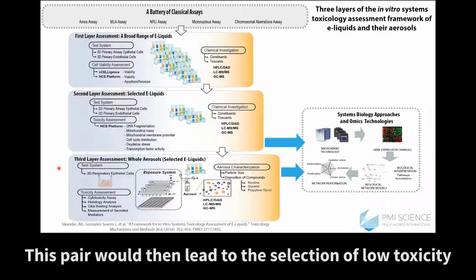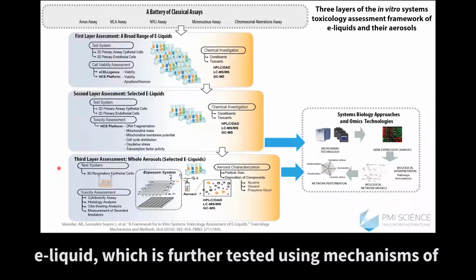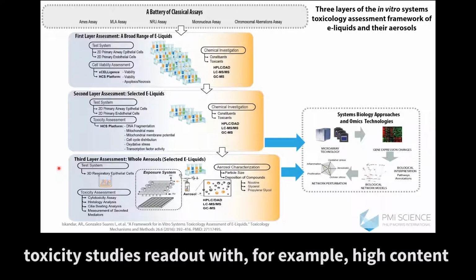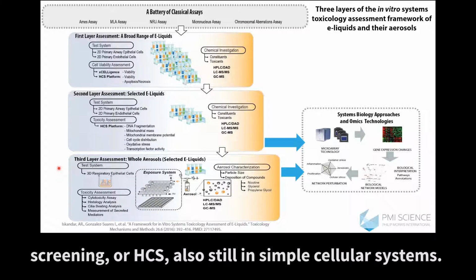This step would then lead to a selection of low toxicity e-liquids, which are further tested using mechanisms of toxicity-specific readouts, with, for example, high-content screening or HCS, also still in simple cellular systems.